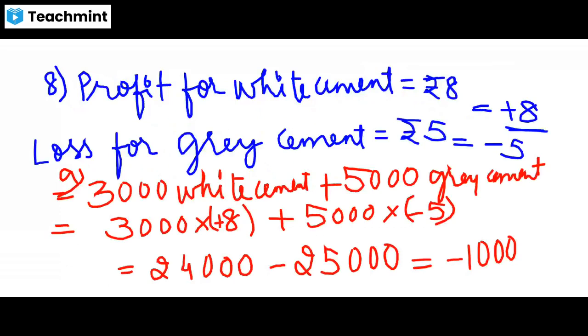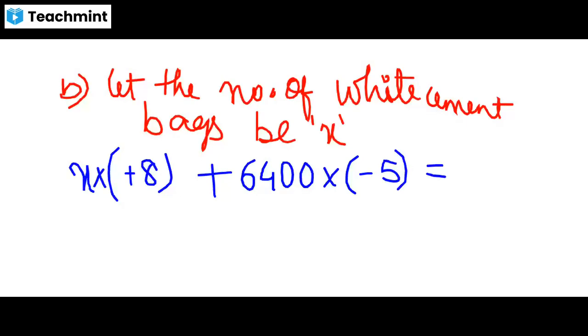And what is the question given? It should have neither profit nor loss. Neither profit nor loss means both should get balanced. When the amount of profit is equal to the amount of loss, you can get it balanced. So the amount of profit plus the amount of loss is equal to 0.